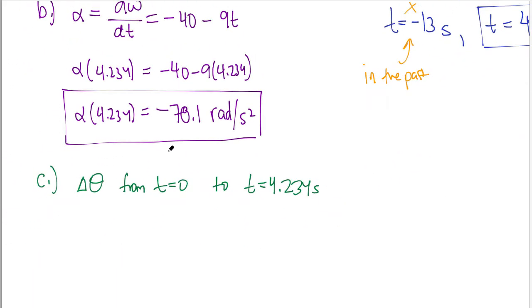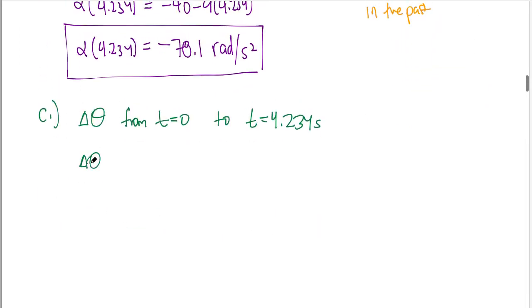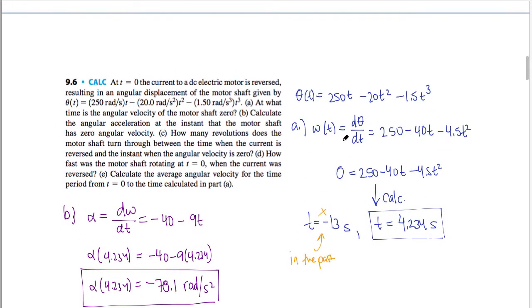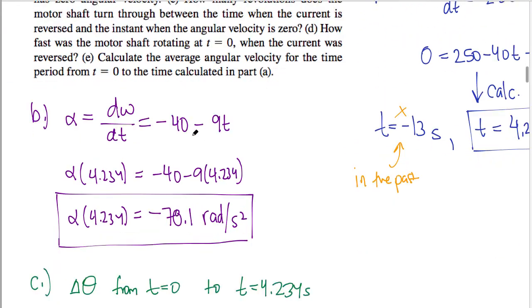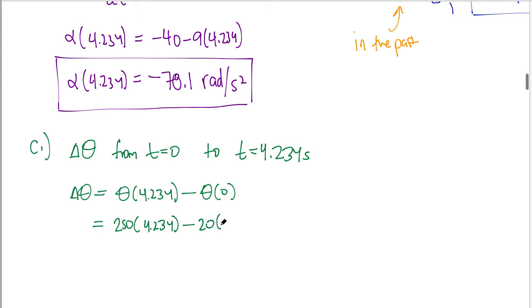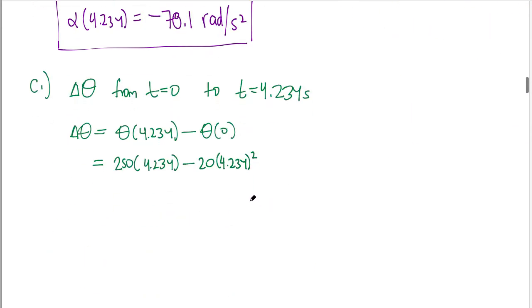Zooming in here, delta theta is equal to theta of 4.234 seconds minus theta of 0. For this function, we go back up here: we have 250 times 4.234 minus 20 times 4.234 squared minus 1.5 times 4.234 cubed.